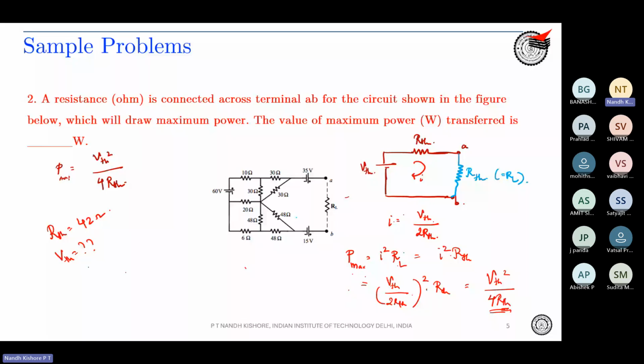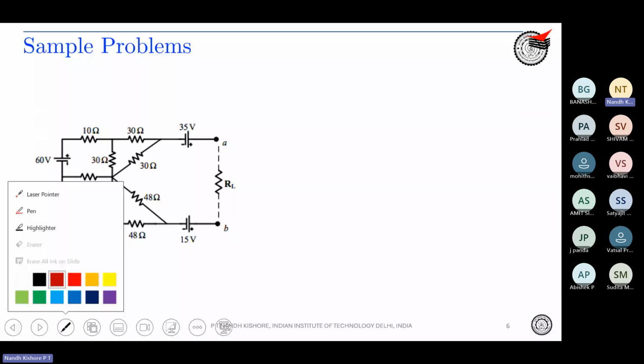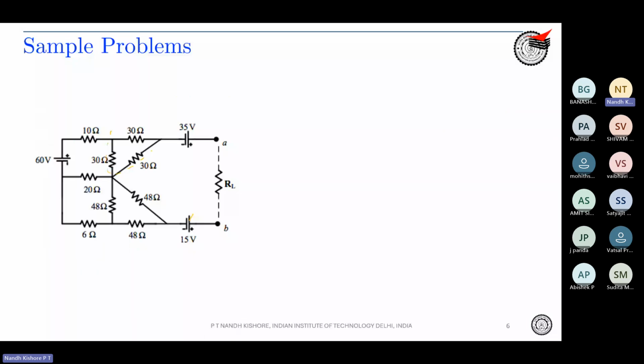Let's go ahead. Now we just need to find out the V Thevenin that you would see from this end. What is your V Thevenin? Again, we are having the same circuit. We just saw some time back that this is a delta connection, again the delta connection only.